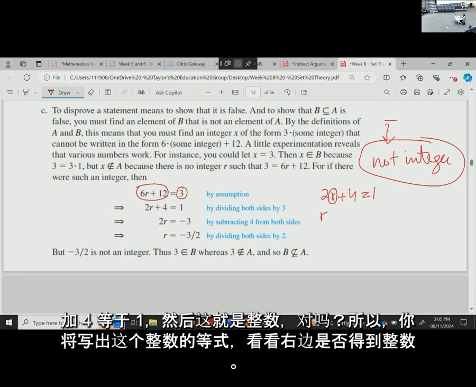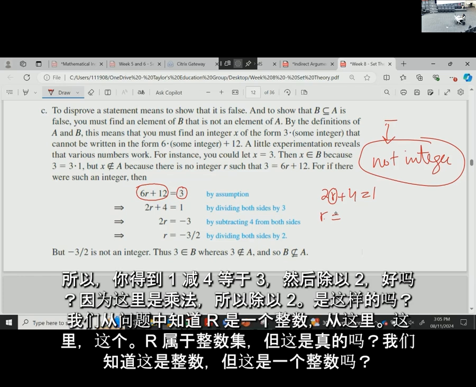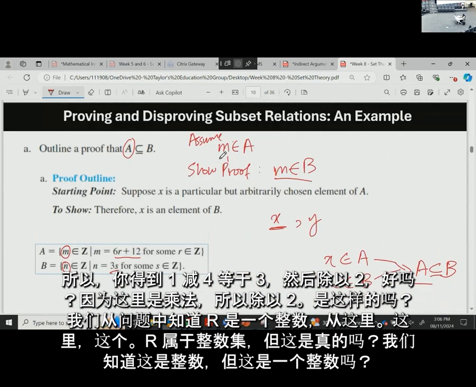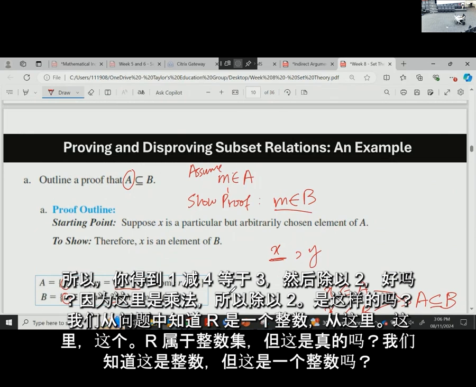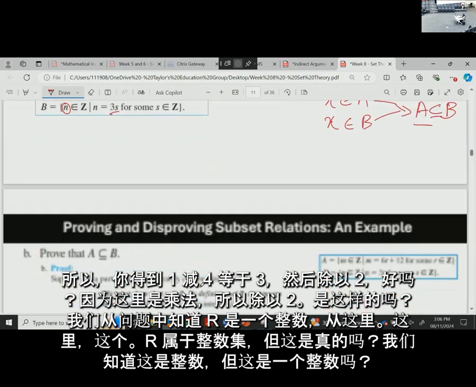So you will write the equation for this integer and see if you get an integer on your right hand side or not. So you get 1 minus 4 is minus 3, and then divided by 2, because here it is multiplied, so divided by 2. We know that r is an integer from the question, this r belongs to the set of integers.